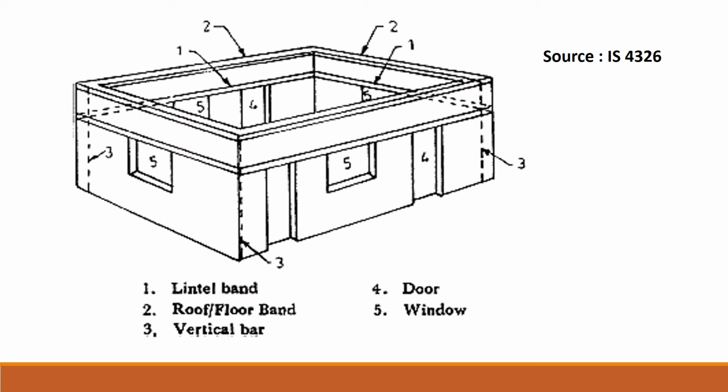Further, their level should end up, as discussed earlier, at the same level. At the corners, vertical bars are provided such as to make the corners much stronger. This would lead to better joining action at the corners, and this would also lead to strengthening of the corners.